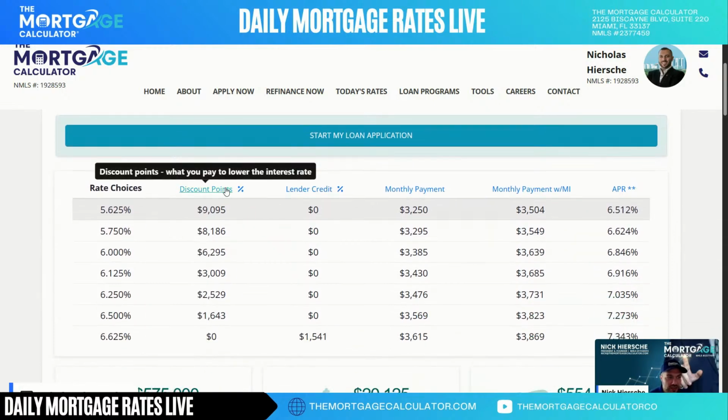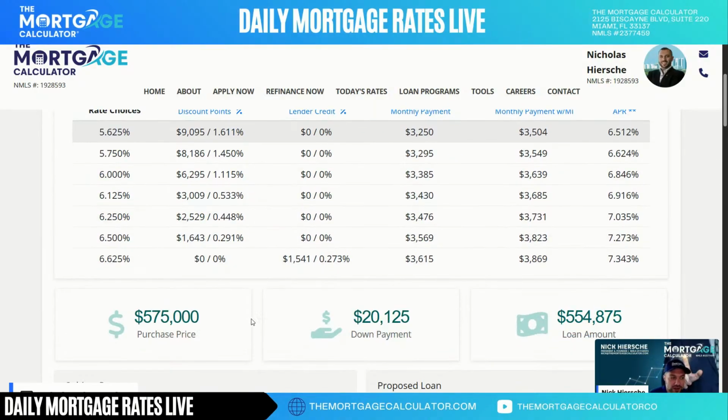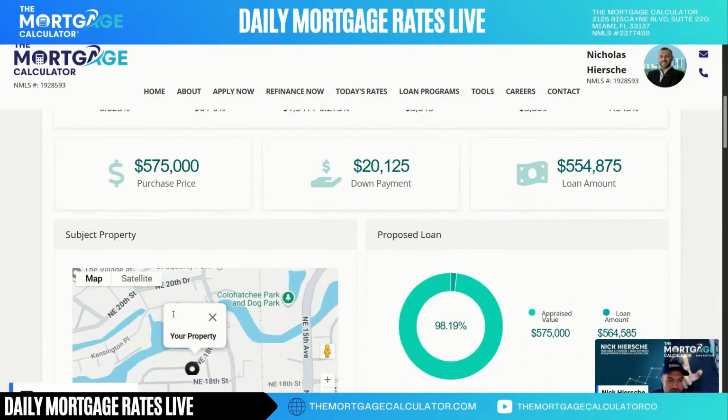Here we have our standard FHA rate choices. We even have an option with some lender credit as low as 5.625, costing 1.611. And we have our option for some lender credits, a 6.625 rate, with a little bit of lender credit, 0.273 towards our closing costs. So again, the scenario was the standard minimum down payment and the purchase price I mentioned before for that exact property.